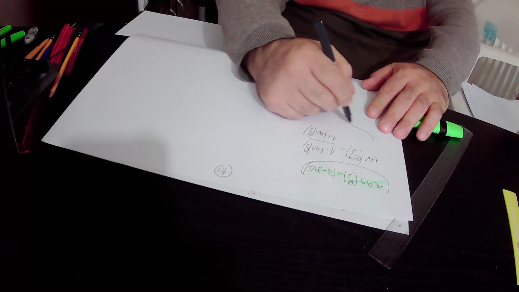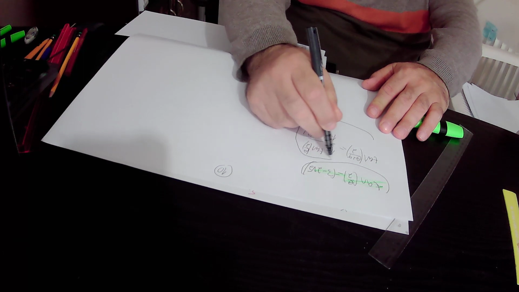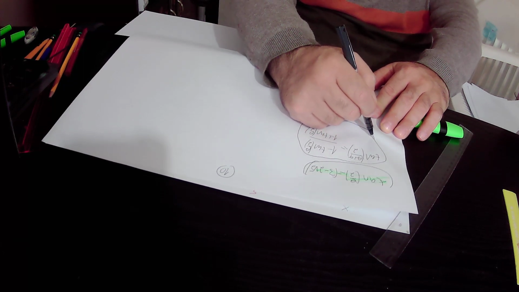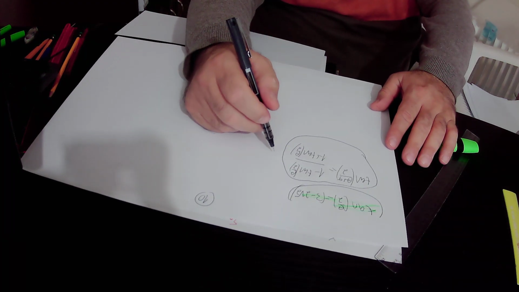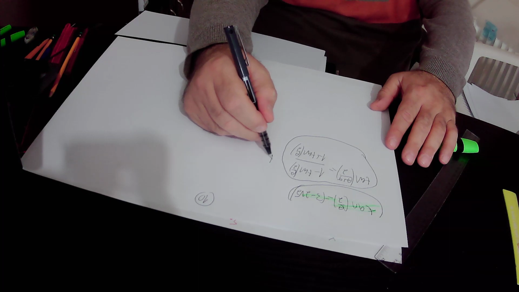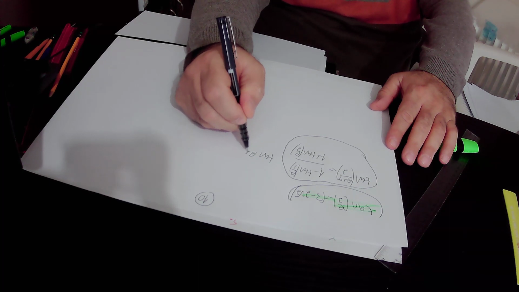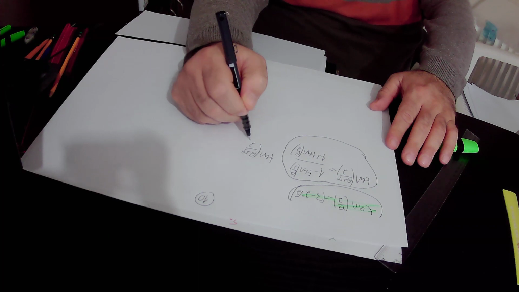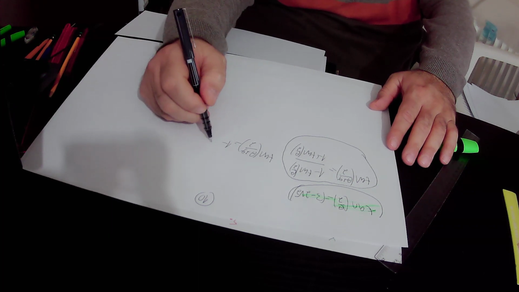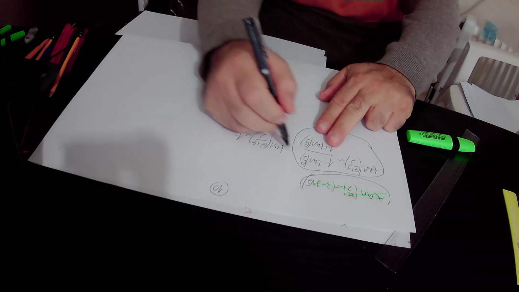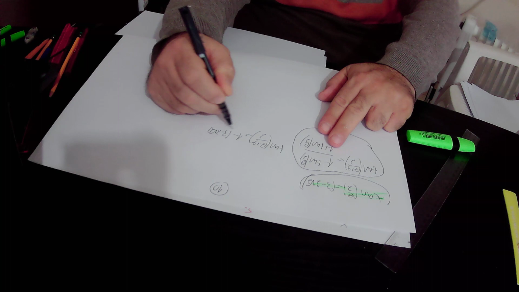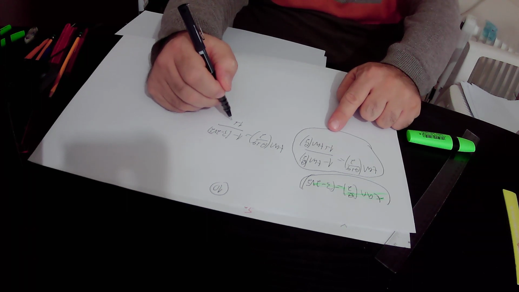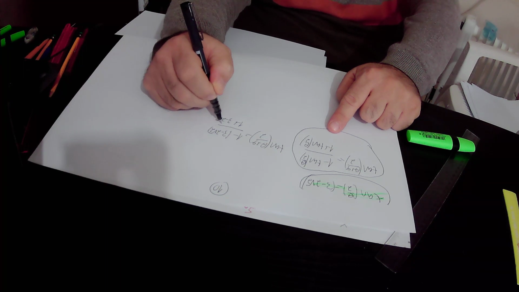So we'll put the value of tangent theta over 2 inside this equation in order to find out the value of tangent theta plus alpha over 2. So we get here that tangent theta plus alpha over 2 is equal to 1 minus tangent theta over 2, that is 1 minus (3 minus 2 times square root of 2), over 1 plus tangent theta over 2, that is 1 plus (3 minus 2 times square root of 2).